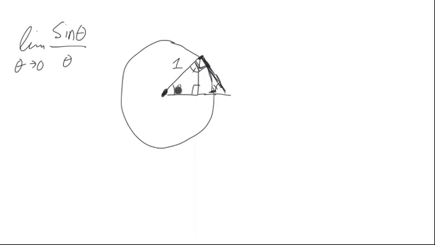For instance, let's think about taking the tangent of this angle. The tangent of this angle is sine over cosine, y over cosine. It's also equal to this length divided by 1, but they have to be the same. This divided by 1 has to be equal to sine over cosine, which is tangent.